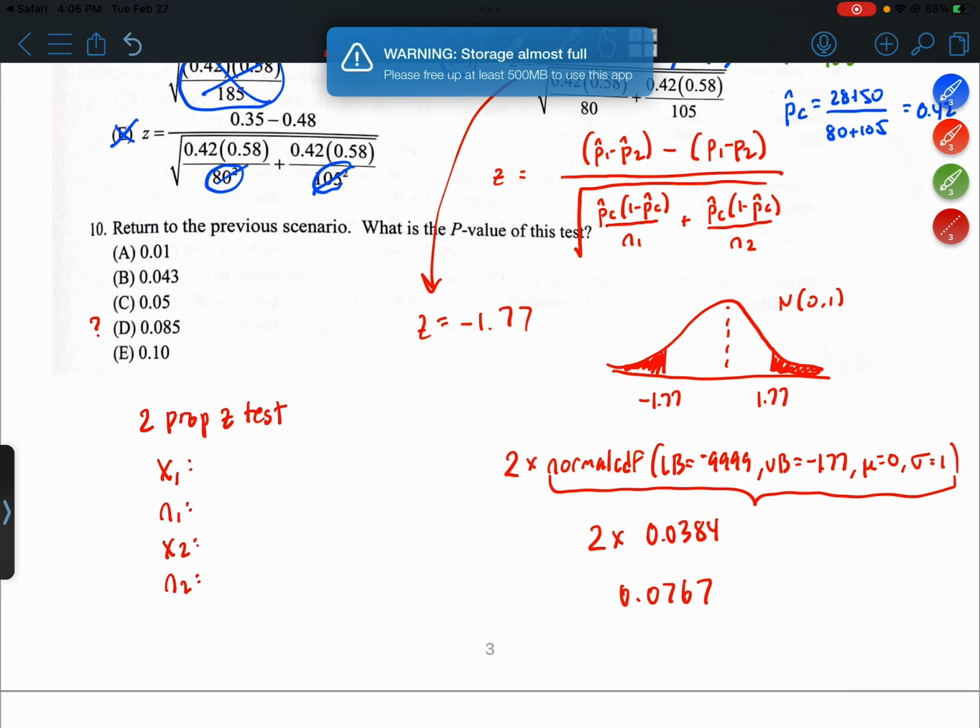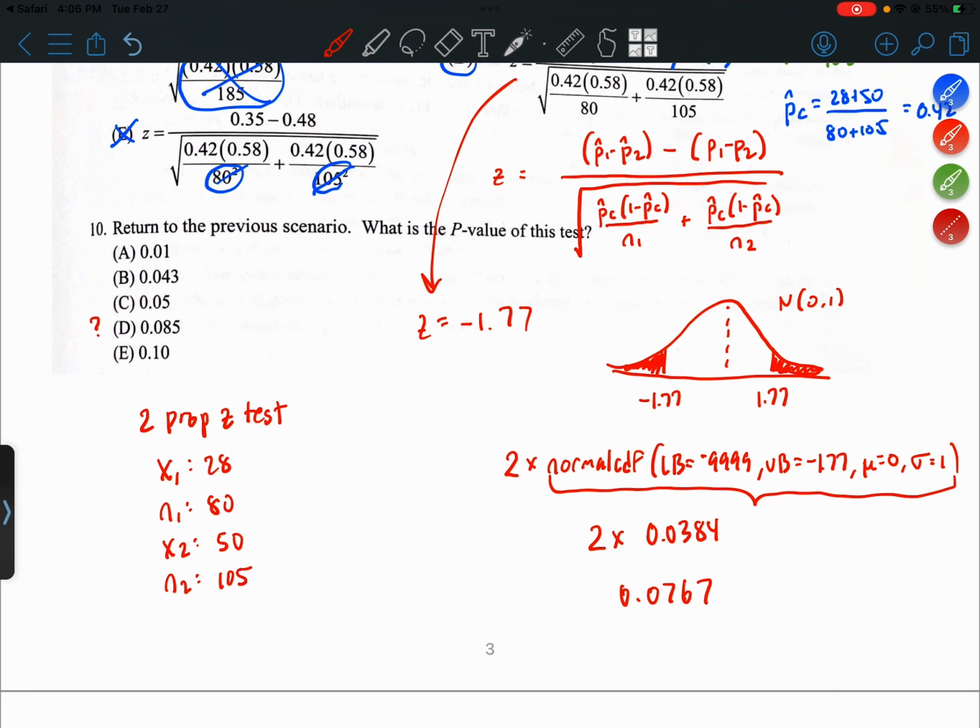So x1 is 28, n1 is 80, x2 is 50, n2 is 105, and our alternative hypothesis is not equal to.